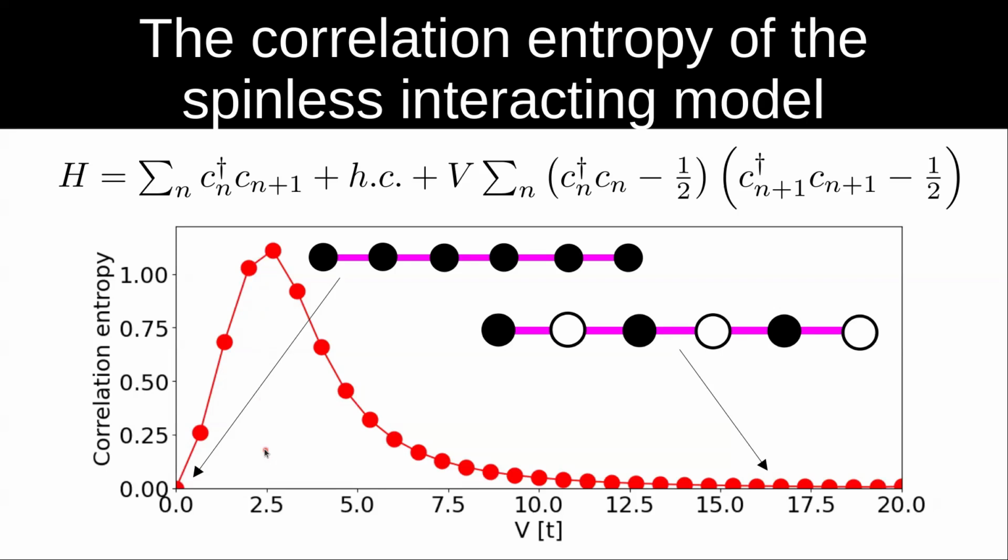And by strongly correlated, we refer to wave functions that cannot be described with mean field theory. Whereas when you are in the limit where V is very, very large, you can actually describe this using mean field theory. And so this type of object systematically allows you to characterize when your ground state is actually strongly correlated and when you can describe the ground state using mean field theory.